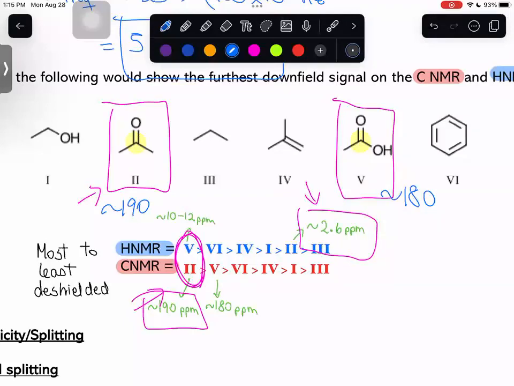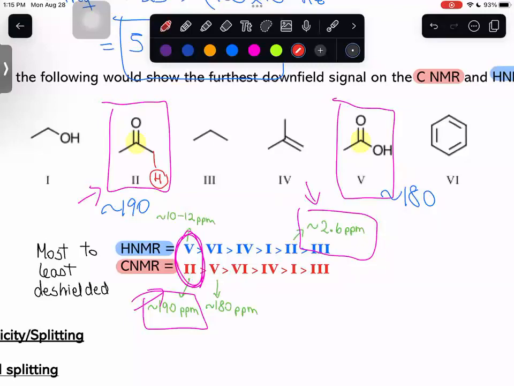Now, if we're talking about HNMR, we're only talking about hydrogens. Let me do this again. What's the reason for that exception? Or is it just the exception? For CNMR values, it's just what they see in practice the most.